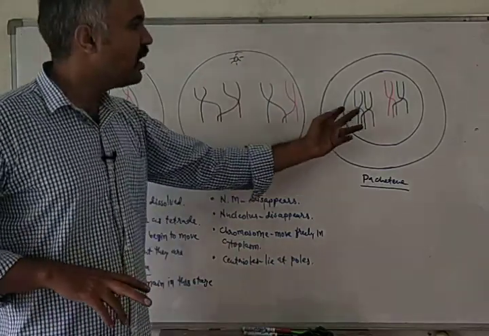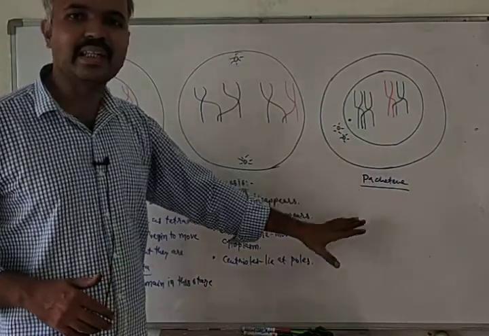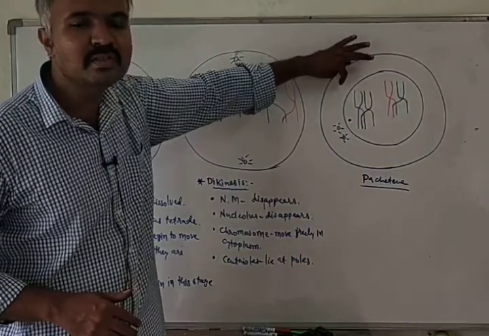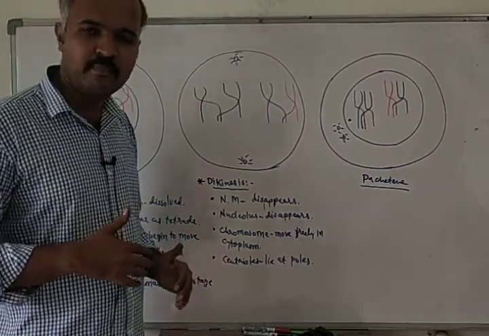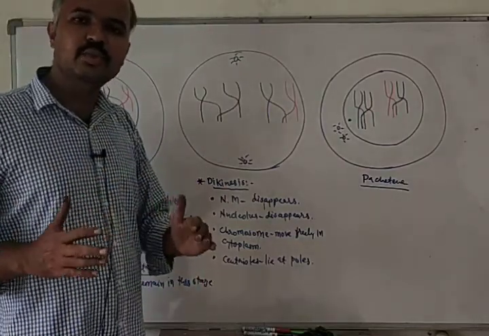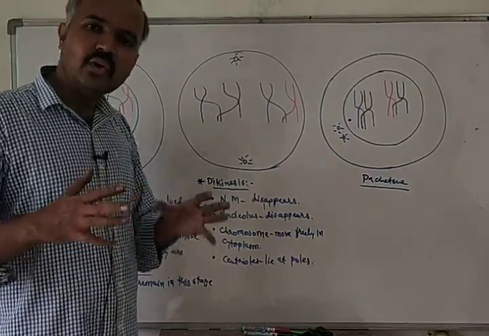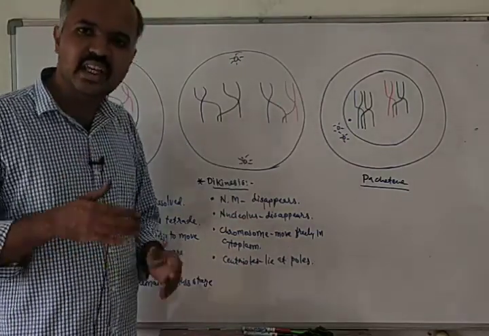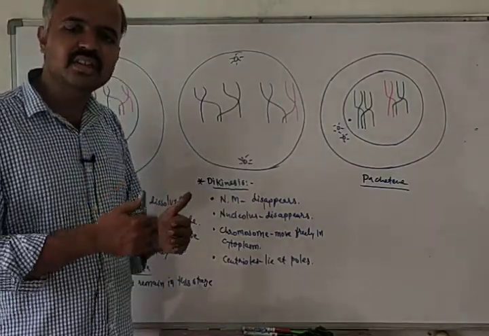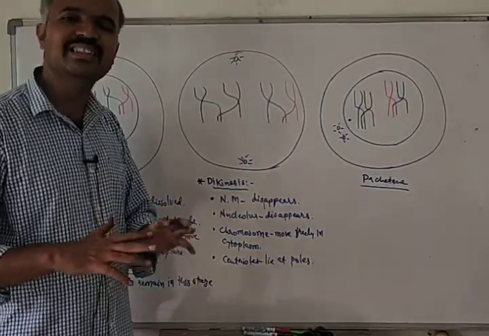We could not see both chromosomes separately, as the second chromosome was just behind the first chromosome, so we could not see all chromatids clearly.